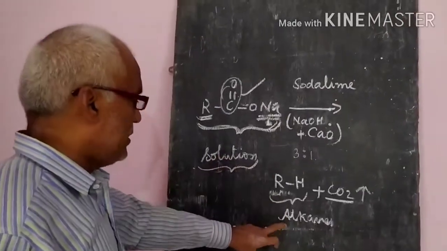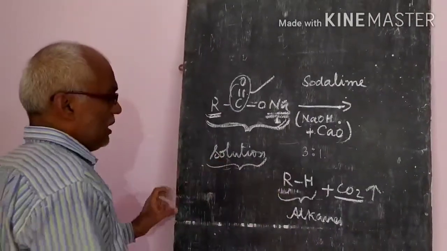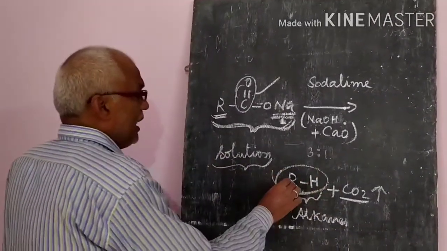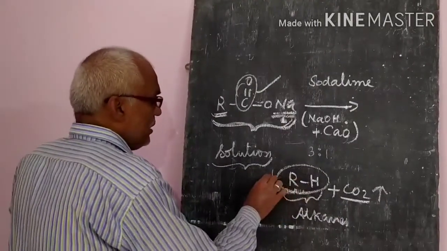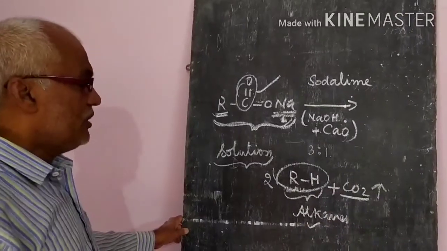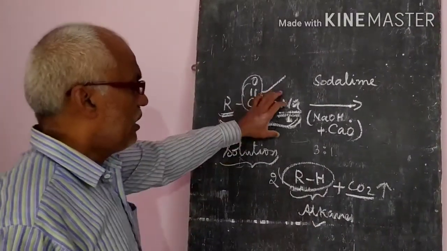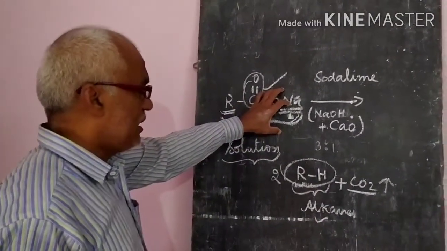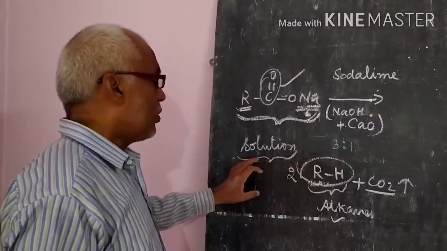They will give alkanes, but the alkane formed has twice the number of carbon atoms. So that is the difference between decarboxylation, the general reduction, and electrolysis.